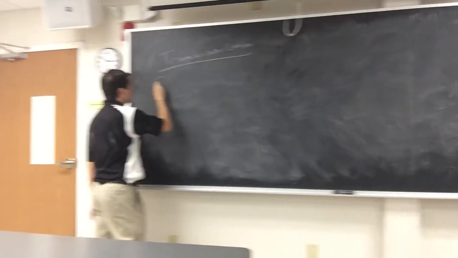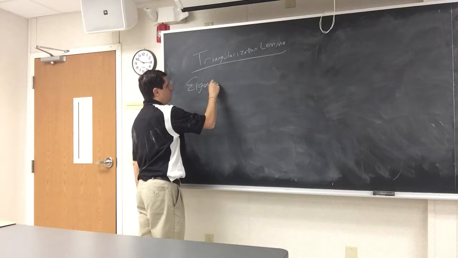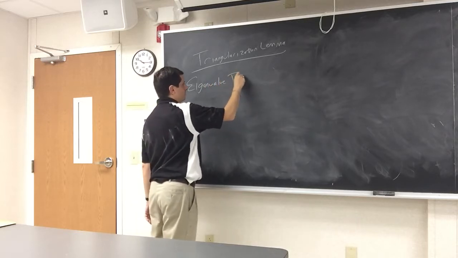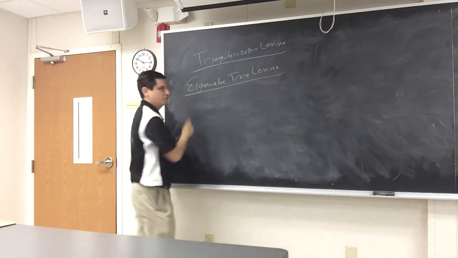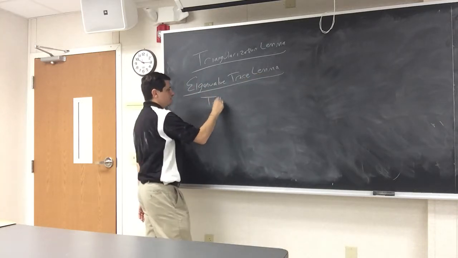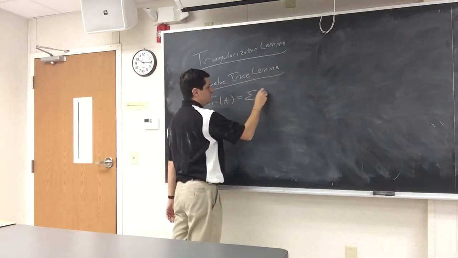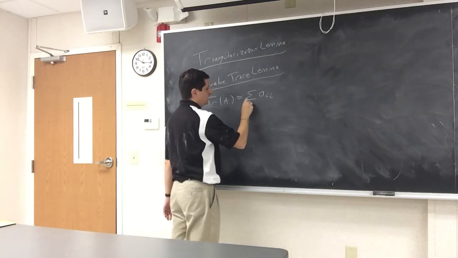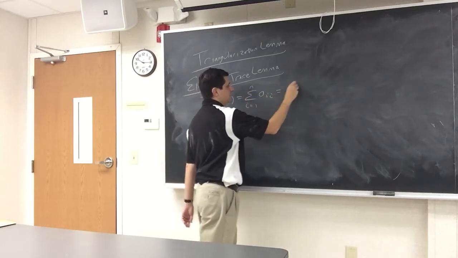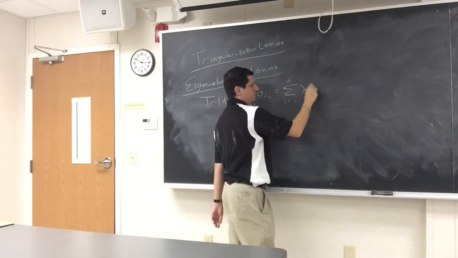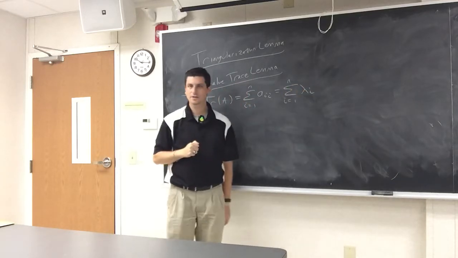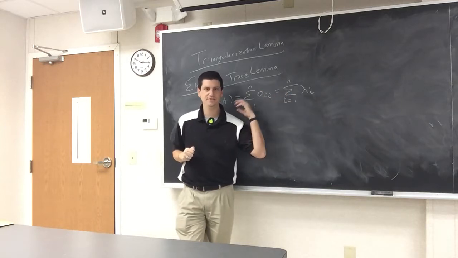So here, the eigenvalue trace lemma. You may have seen this in linear algebra. The trace of A, which is the sum for i from 1 to n of the diagonal entries, is the sum for i from 1 to n of the eigenvalues. How many of you have seen this in linear algebra?